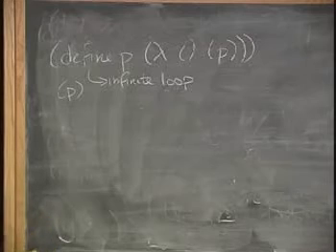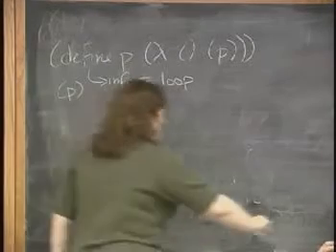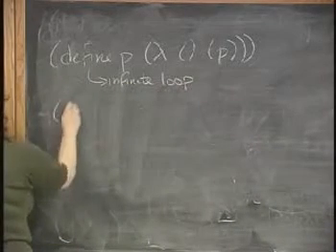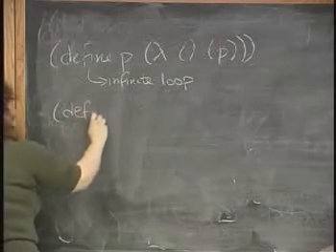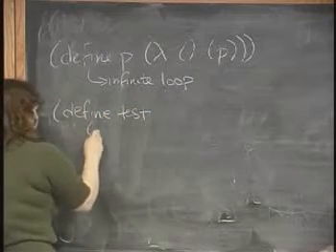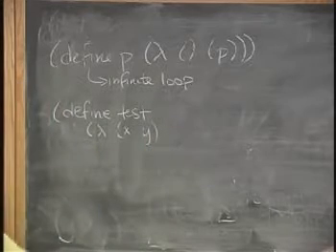What we want to do is figure out if we're running in normal or applicative order. So let's write a procedure called test. Test is going to take in two arguments, x and y.